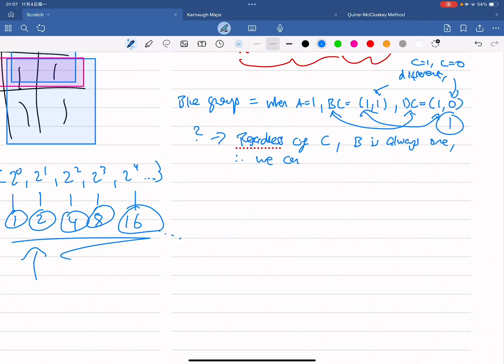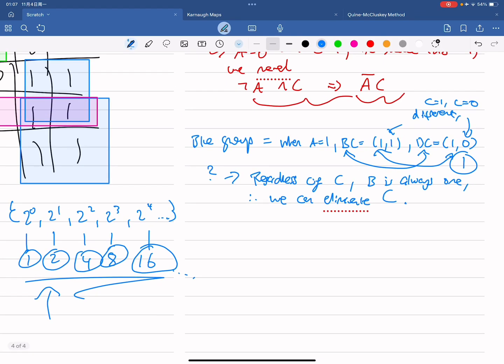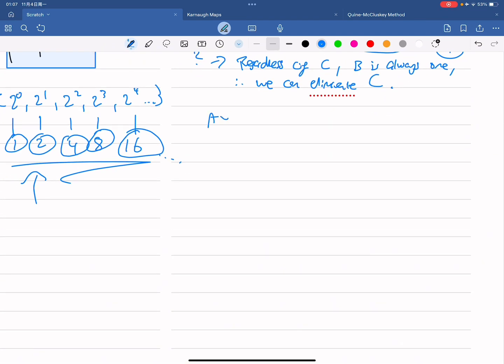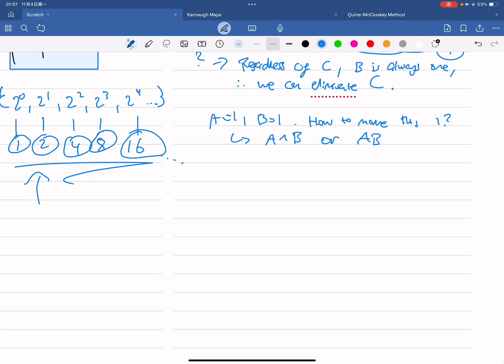Therefore, we can eliminate C. Because we don't need to change C to make this true. B is always 1. So, A equals 1, B equals 1. How do we make this 1? We can make this 1 by doing A and B, which is literally the same as what this is saying. Same thing.